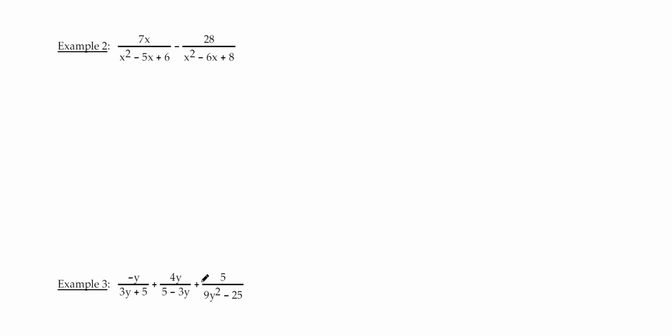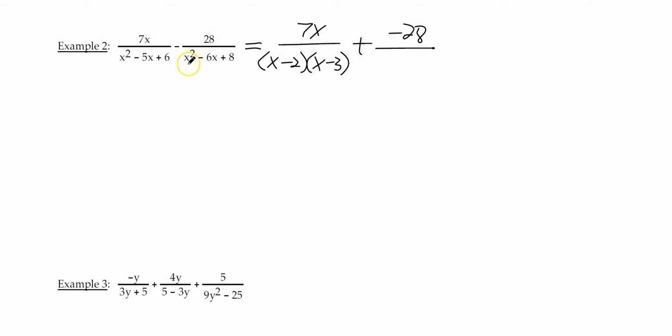Okay, good. Now example 2. Adding these together. First off, I want to see what their denominators look like. That will be x minus 2 and x minus 3 plus negative 28 instead of minus 28, and that is x minus 2, x minus 4.